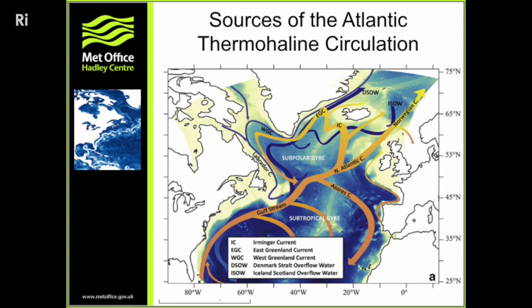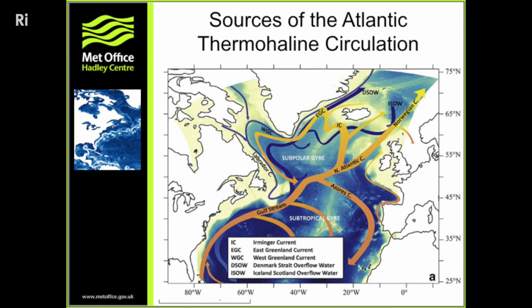The thermohaline circulation is part of what regulates the climate of the North Atlantic, and we often hear people saying, will the thermohaline circulation collapse under global warming? Well, when we look at it in detail, it has some really interesting properties.